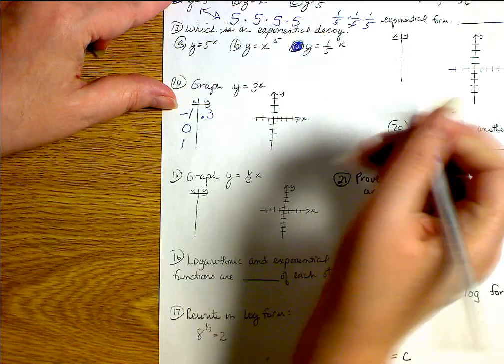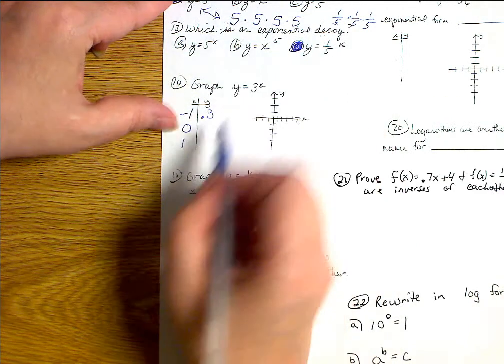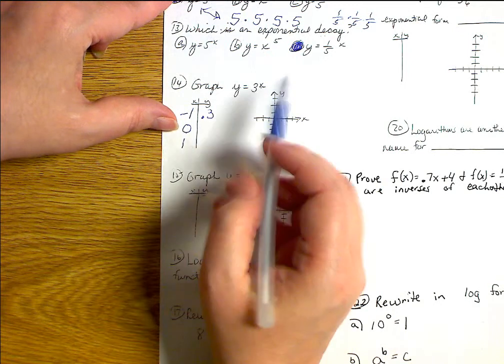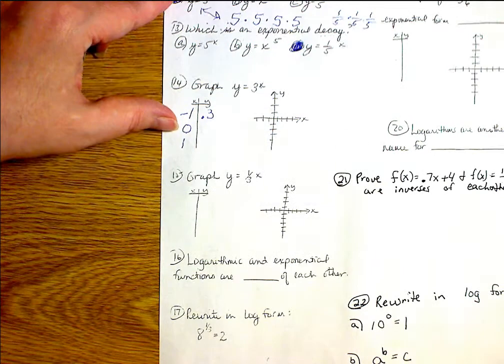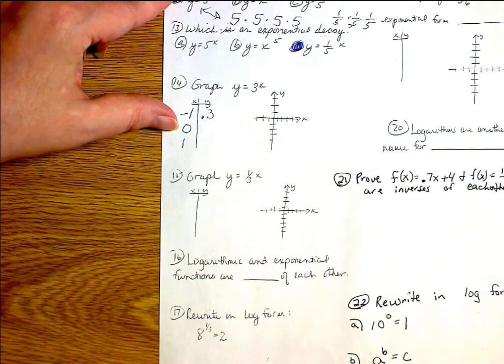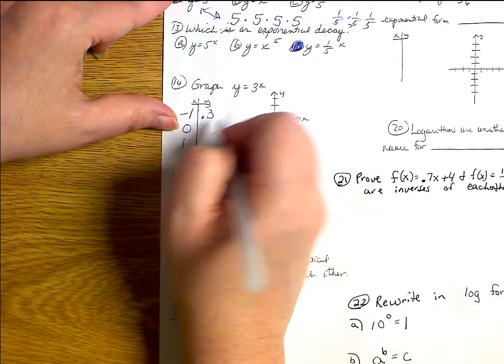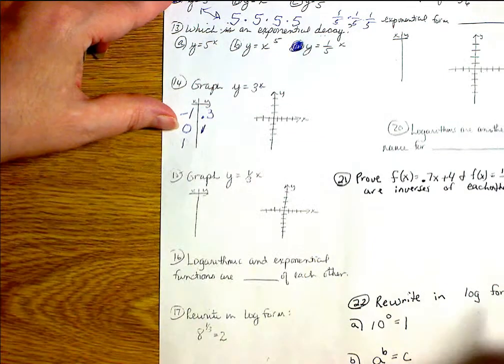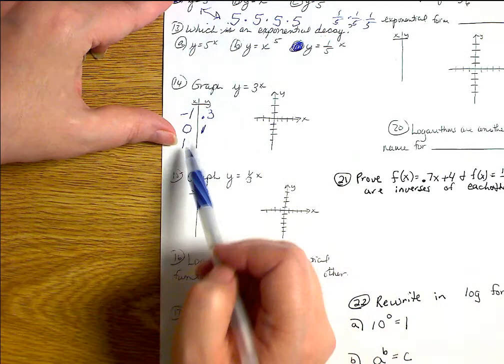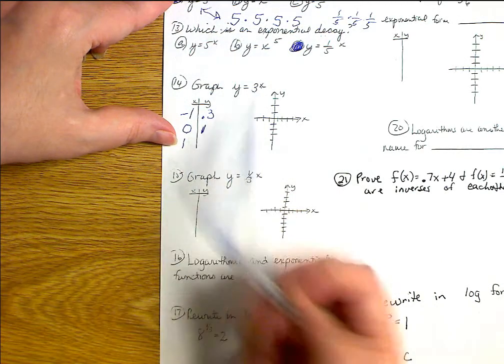So we have -1. If I put 0, 3 to the 0, anything to the 0 is always what? It's always 1, right. And then 3 to the 1 gives me 3.